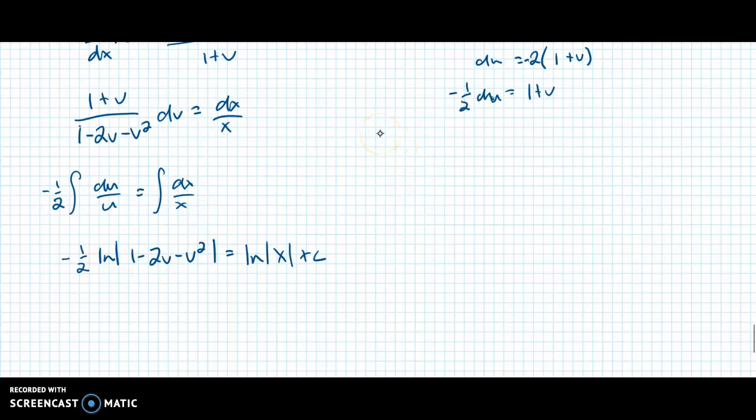First step would be to multiply everything by negative 2. That would give me ln absolute value 1 minus 2v minus v squared equals negative 2 ln absolute value of x plus, I am going to write c and c1, and this would have a negative 2, so let c equal negative 2c1.